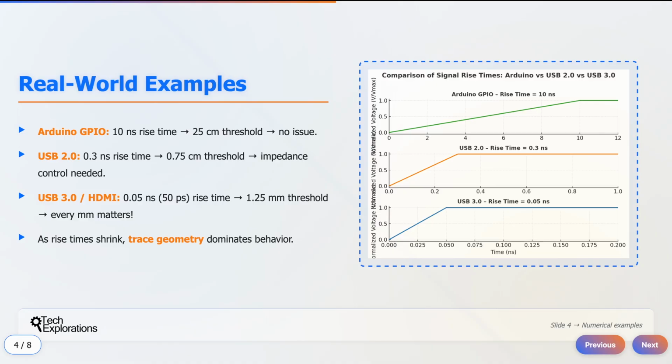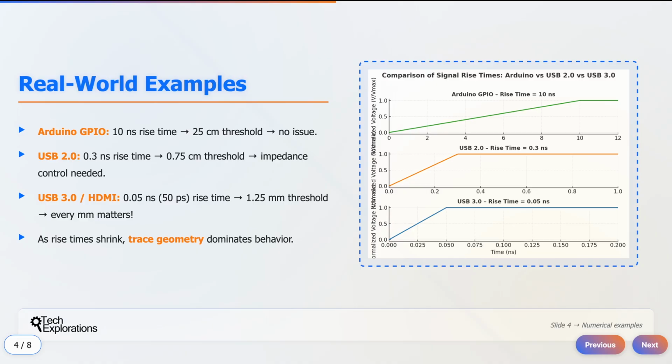In 1.67 nanoseconds, the signal can travel around 25 centimeters. We use that as the threshold. A typical trace in an Arduino design when it comes to GPIOs is 5 centimeters, which is much smaller than the 25 centimeter threshold, so there's no issue here. It can route freely and reflections don't matter.